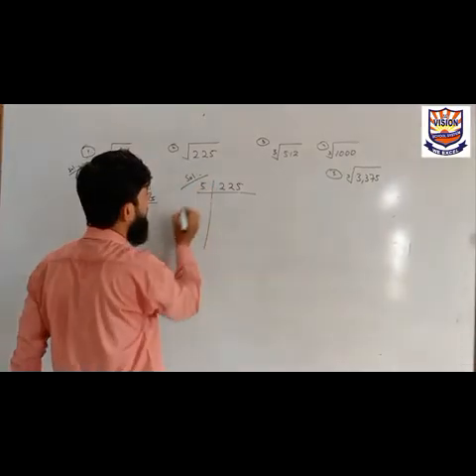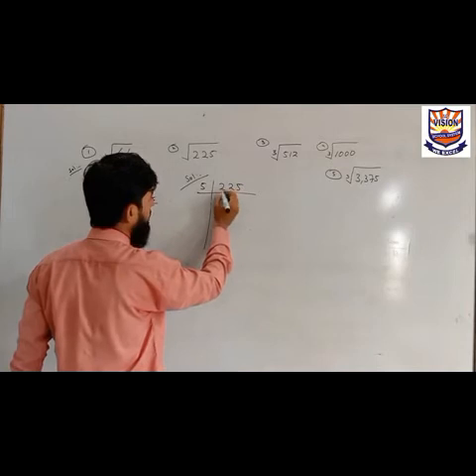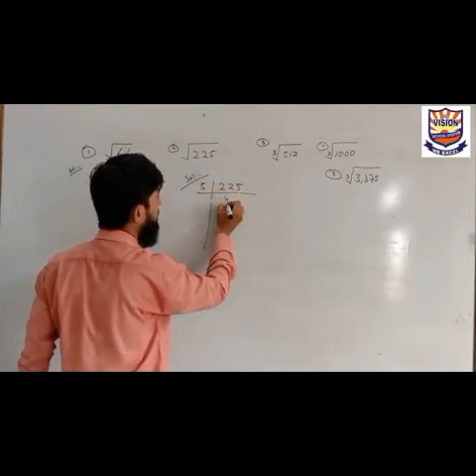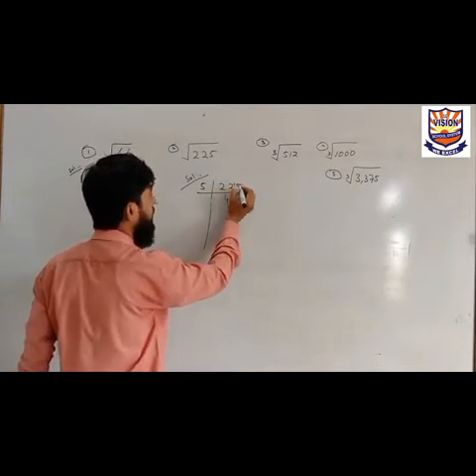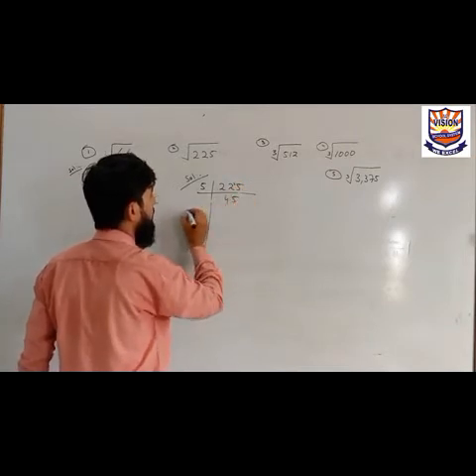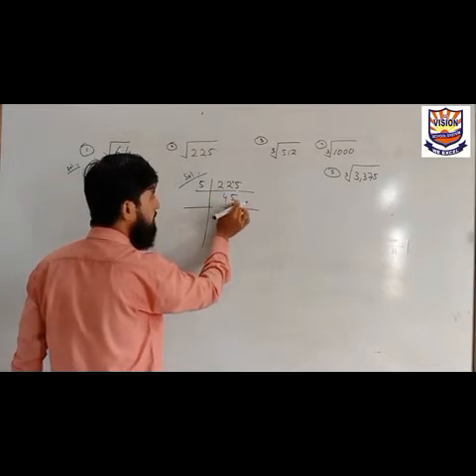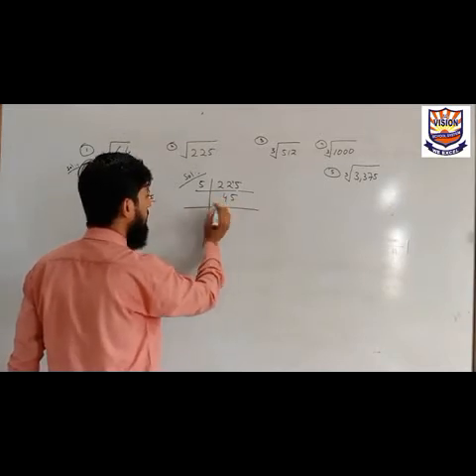So we can divide this number by 5. 5 twos are 10, 5 fours are 20. We will go here, it will become 45. 5 nines are 45. As 45 is not a prime number, we will continue this process.